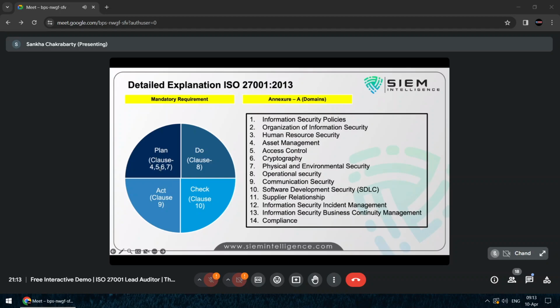Clauses 4, 5, 6 and 7 come under the planning stage. I'll teach everything in detail, don't worry. I'll give you an overview now. Clause 4 starts with the context of the organization. You need to know who the business owners are, what your business is, what the scope is, and who your stakeholders are, internal and external. Clause 5 talks about leadership.